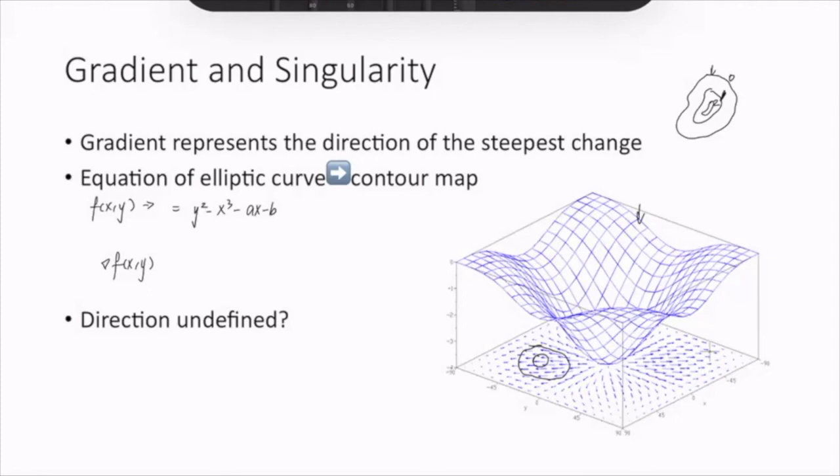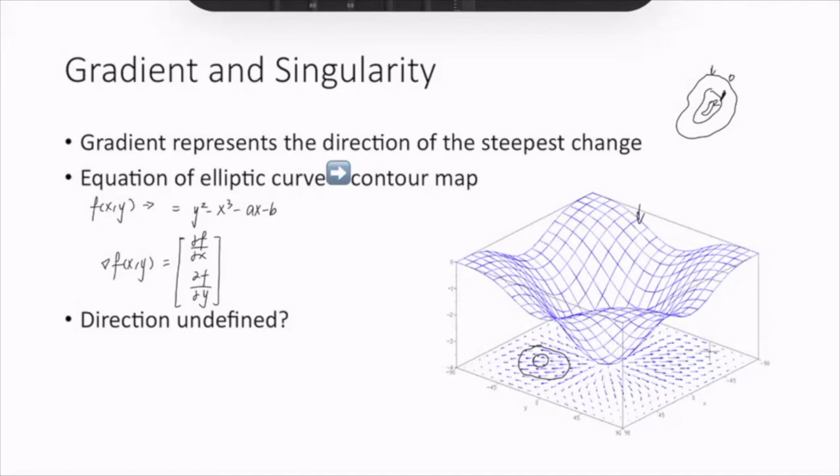We're doing the following. For this equation here, we want to obtain a thing like that. So we want to take the partial derivative of f(x, y) with respect to x, and also the partial derivative of f in terms of y.